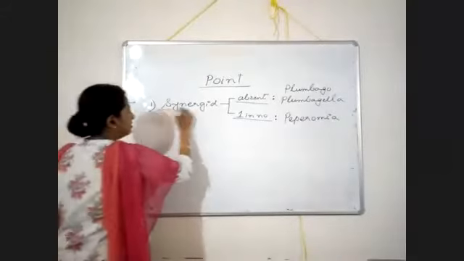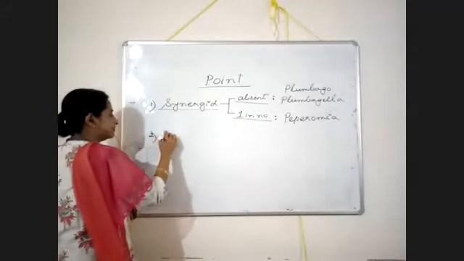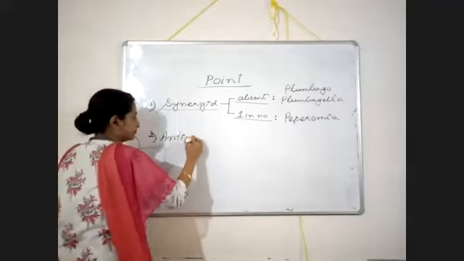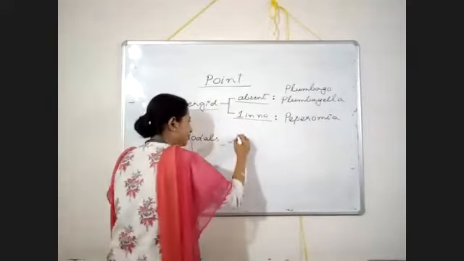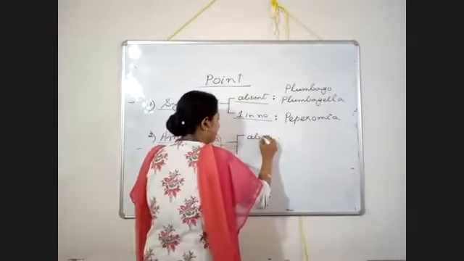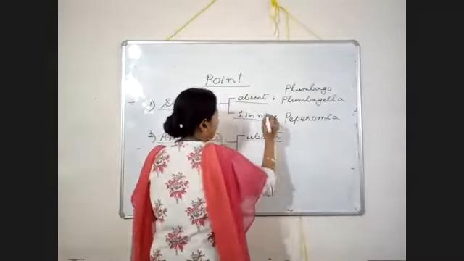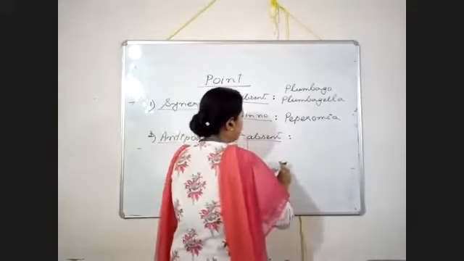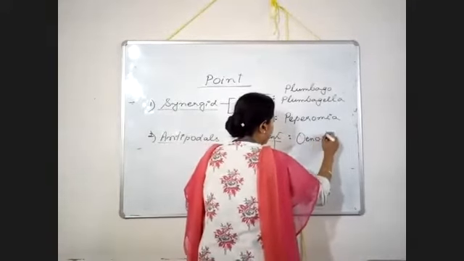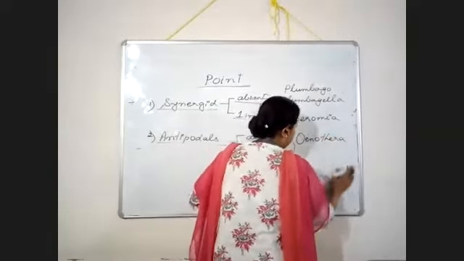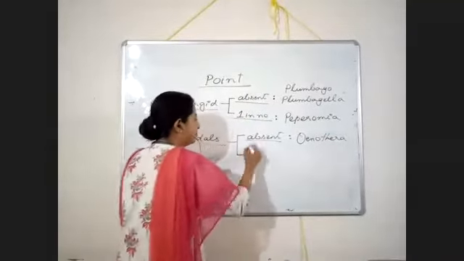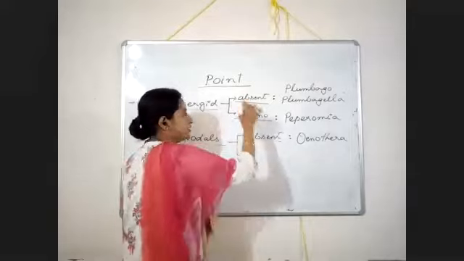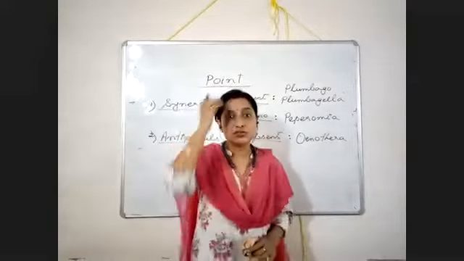The next point is about antipodal cells. Similarly, antipodal cells can be absent, as in the embryo sac of Oenothera. And the number of antipodal cells in the structure that we have discussed was always 3.